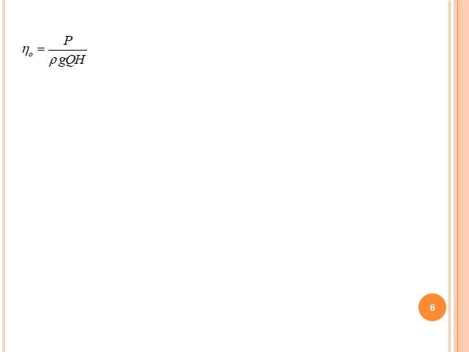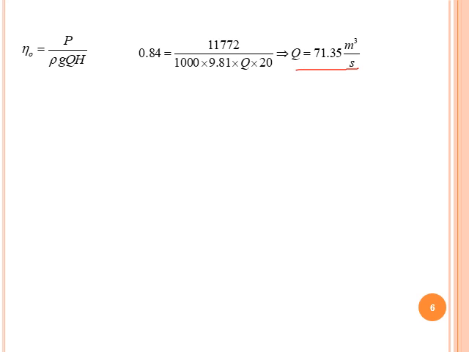Q is unknown and H is given. By this overall efficiency formula we can find the discharge through the Kaplan turbine. By substitution of these values, the discharge is obtained as 71.35 meter cube per second.